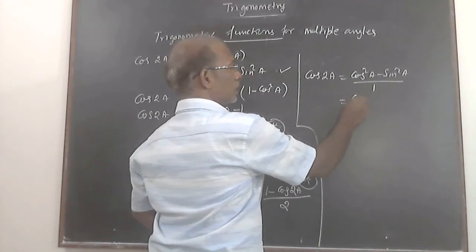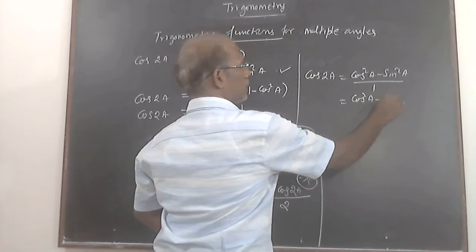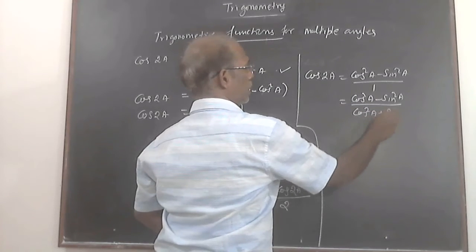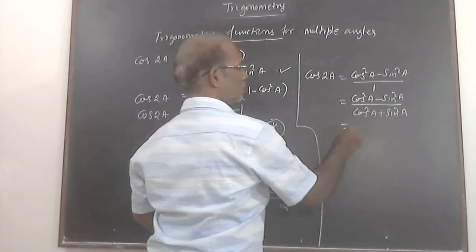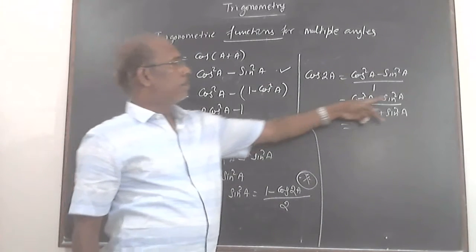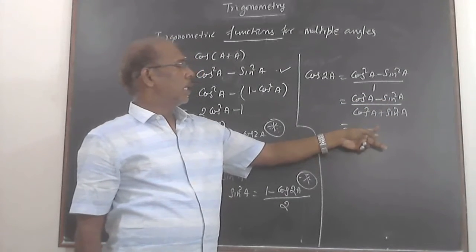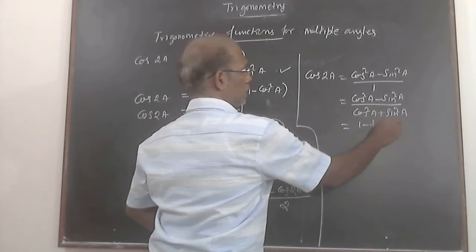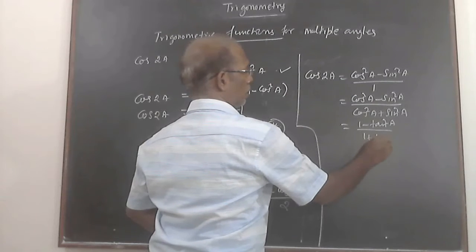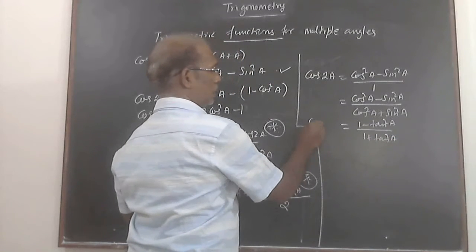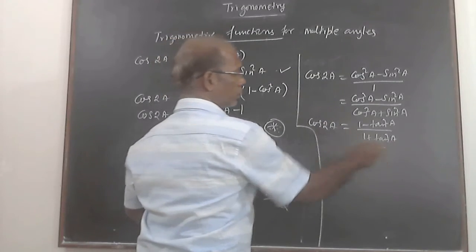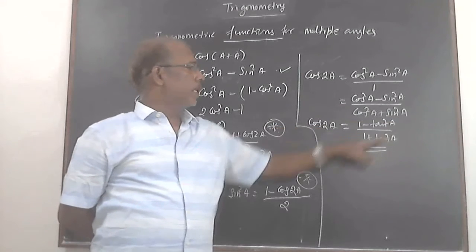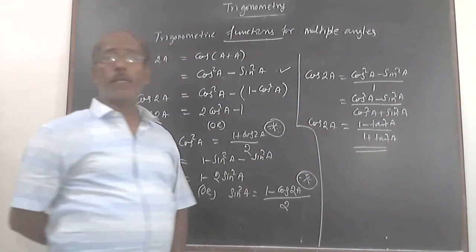If we divide each and every term by cos square a, we get (1 minus tan square a) by (1 plus tan square a). So cos 2a in terms of tan is (1 minus tan square a) by (1 plus tan square a).